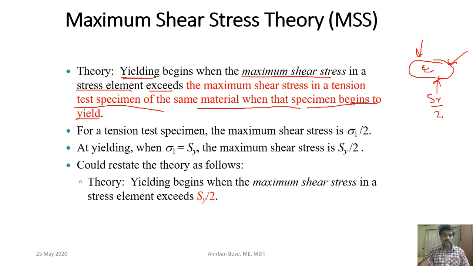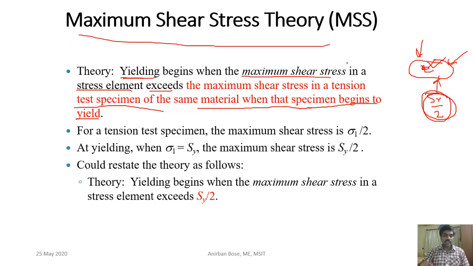Sy by 2 is the maximum shear stress in case of yielding of a tensile test specimen. That is why it is considered that the component will also yield if, at a particular point, the shear stress reaches this value, corresponding to the tensile test specimen.